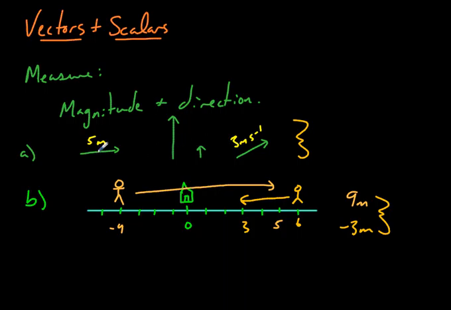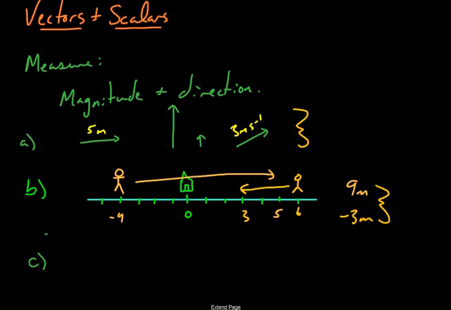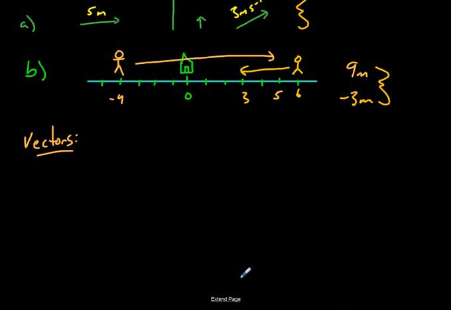So the question is, what sorts of things are vectors? Things that are vectors that we'll see in physics. Can anyone give me some examples? Things that you know already are vectors?